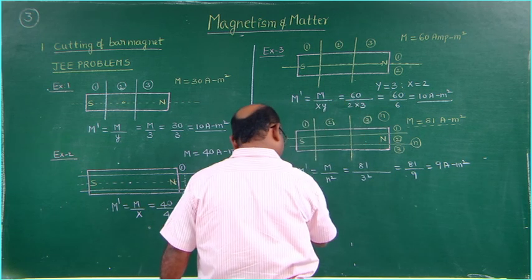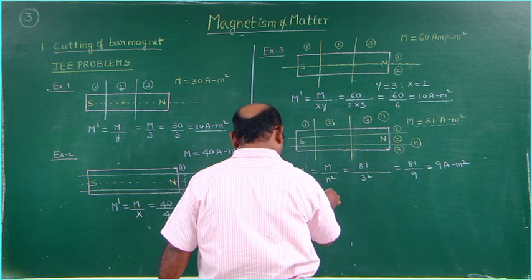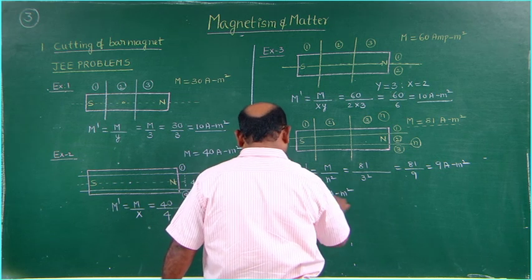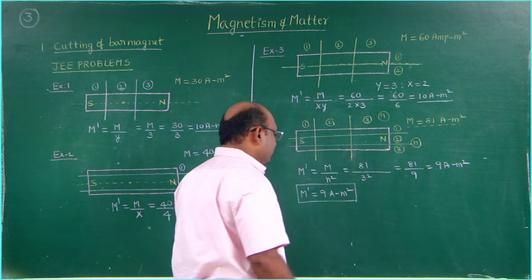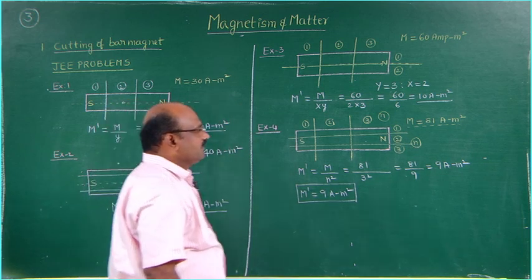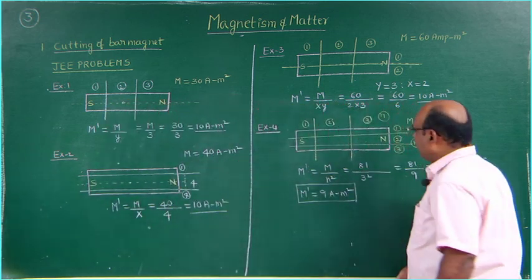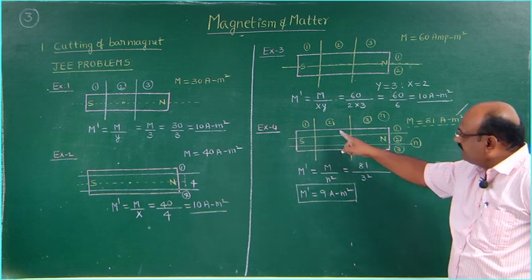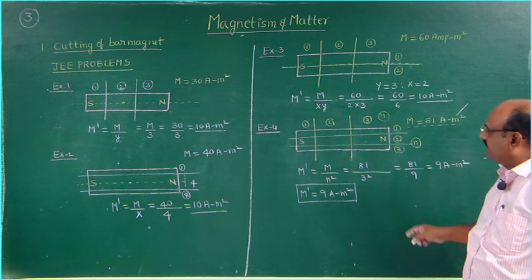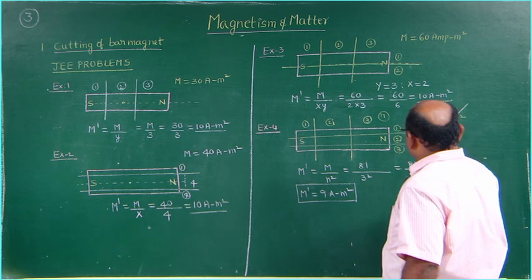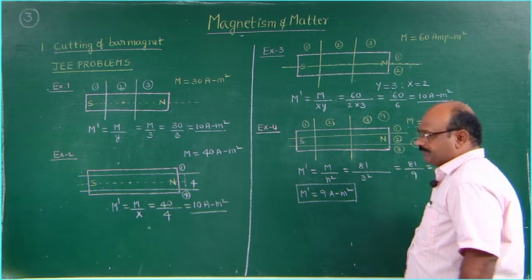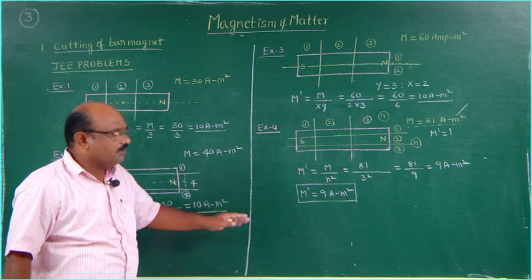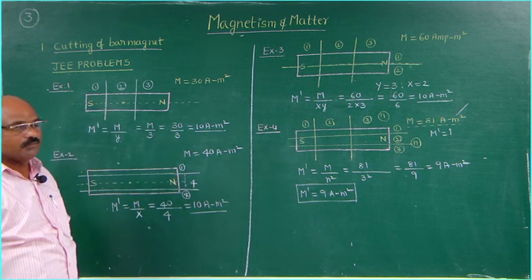This is our answer: the magnetic moment of each piece after cutting, m dash, is 9 ampere meter square. They are asking for the m dash value. So these are the problems linked with cutting of the bar magnet.